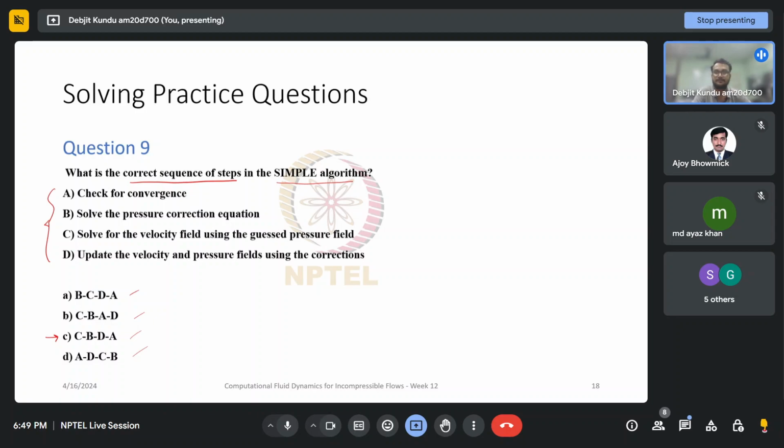What is the correct sequence of steps in this simple algorithm? Step A, check for convergence. Step B, solve the pressure correction equation. Step C, solve for the velocity field using the guessed pressure field. Step D, update the velocity and pressure fields using the corrections.